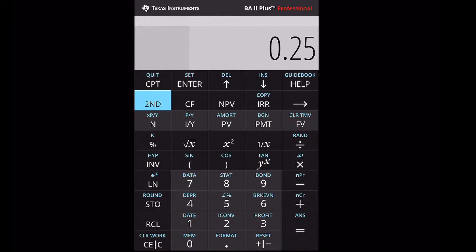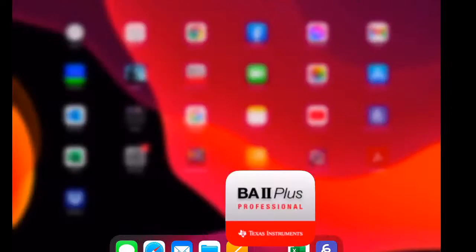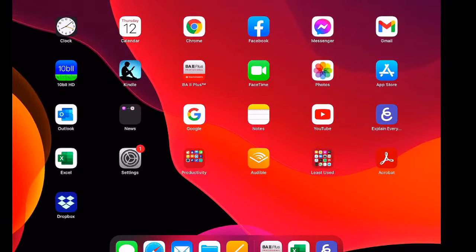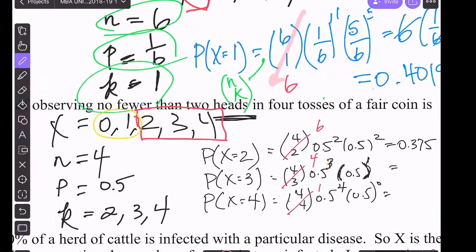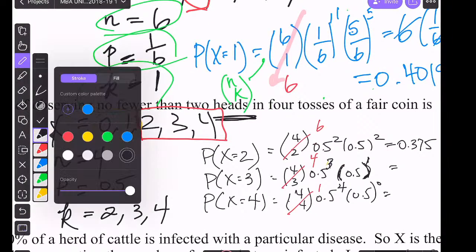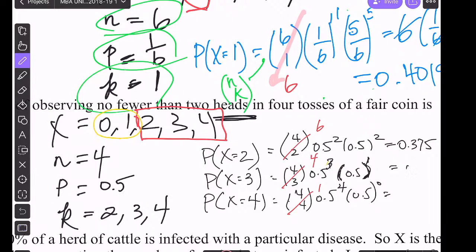Seems a roundabout way, but we're practicing the formula. We need to practice the formula. And that's going to be the last one, 0.5 to the power 4.